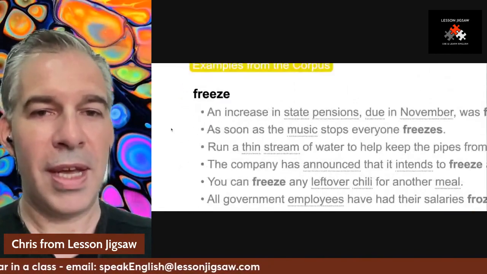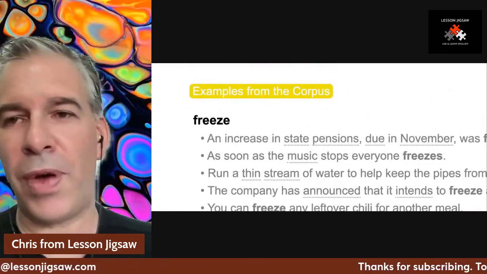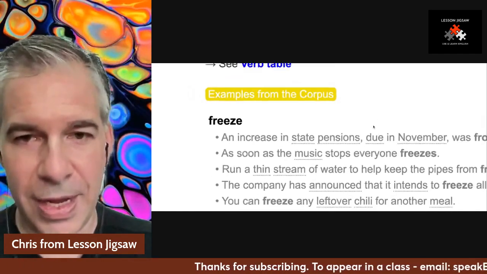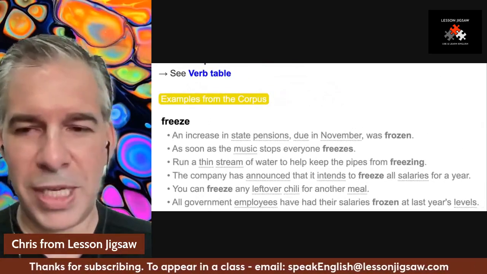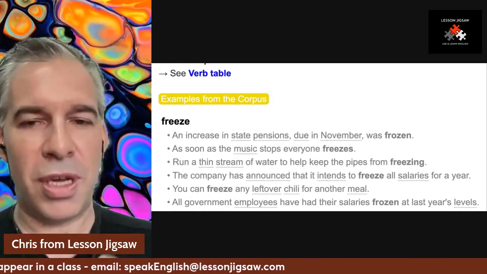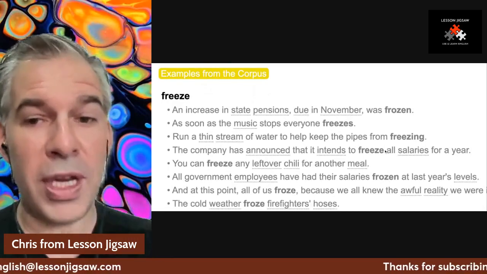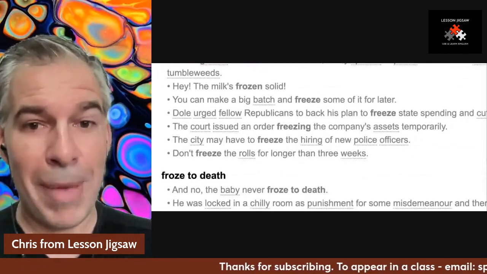So here we see examples from the corpus. The corpus is like examples of English in literature and other places, perhaps websites. I'm not sure how expansive the corpus is these days, but they're, let's say, published examples of this vocabulary, and you can see lots of real examples, not just made up.